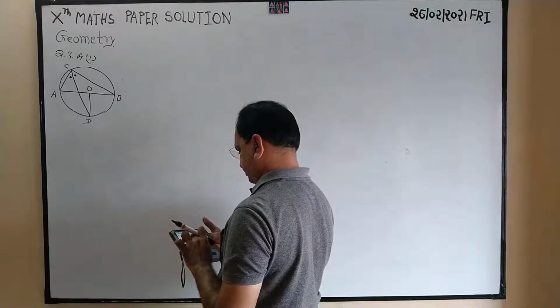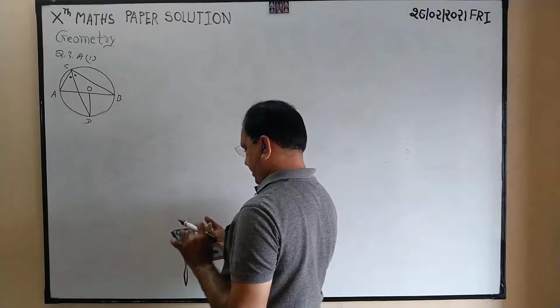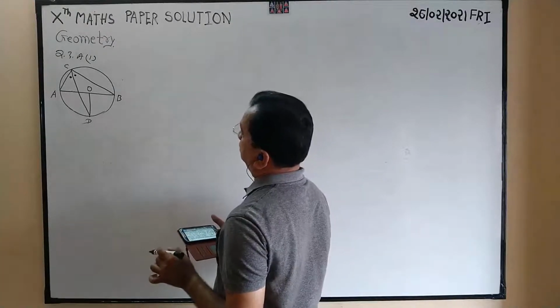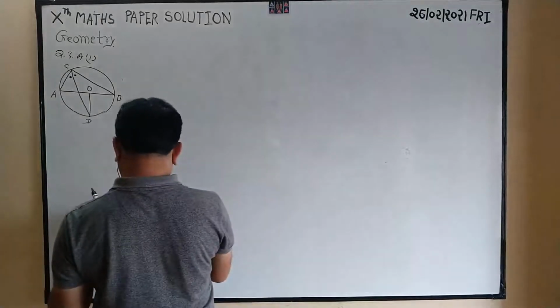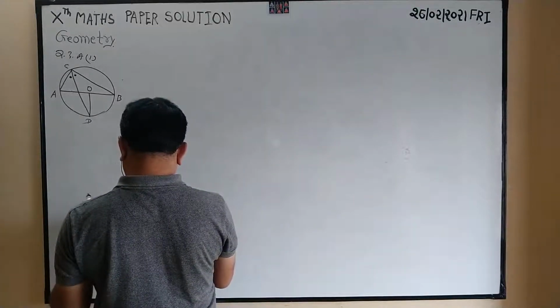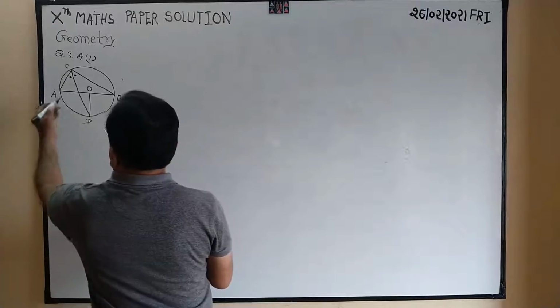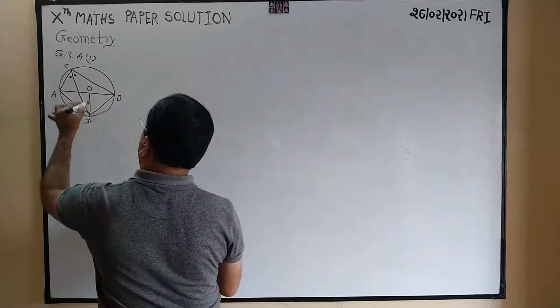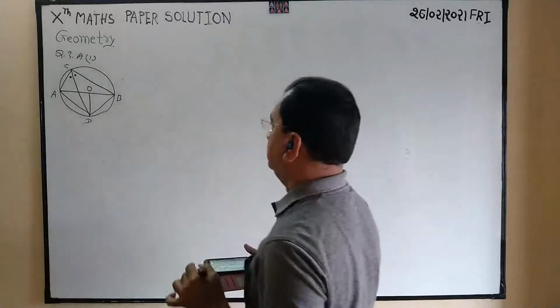Bisector. AD and BD we have to prove equal. This and this we have to prove equal.